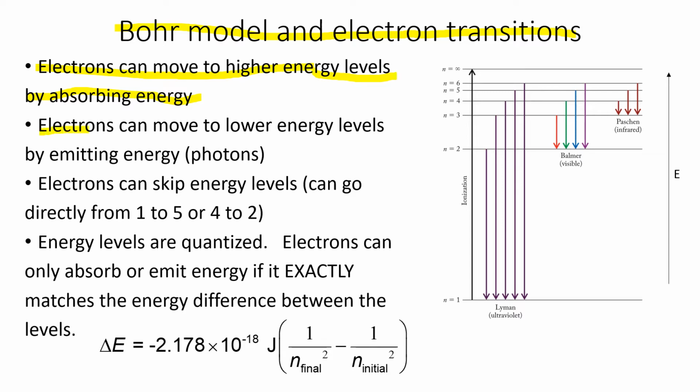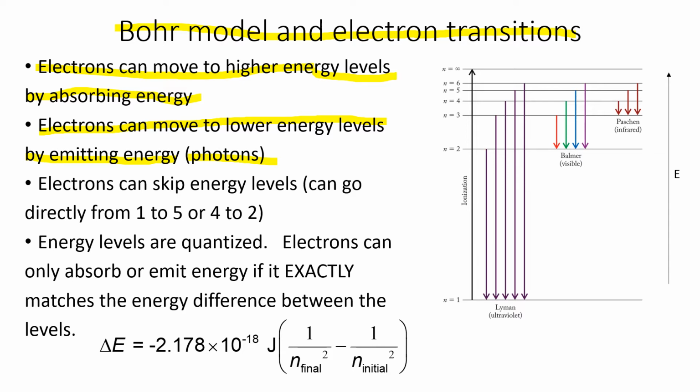Electrons can move to lower energy levels by emitting energy. And what we're going to see is that the form that energy gets emitted in is as photons. If we start looking at this diagram on the right, this shows a lot of the electrons moving to lower energy levels. When they do that, the energy they give off is in the form of a photon.